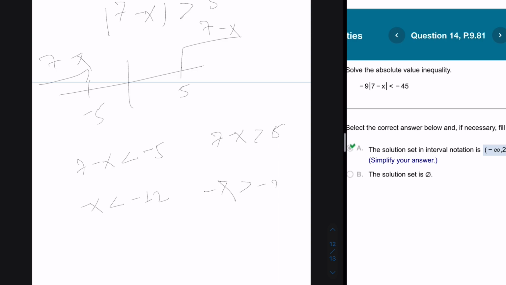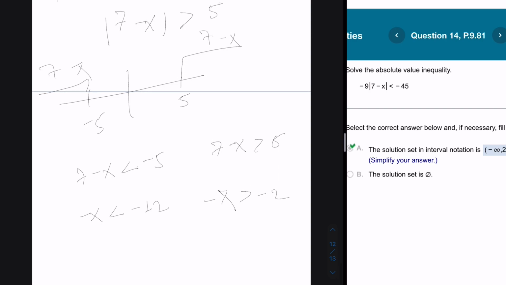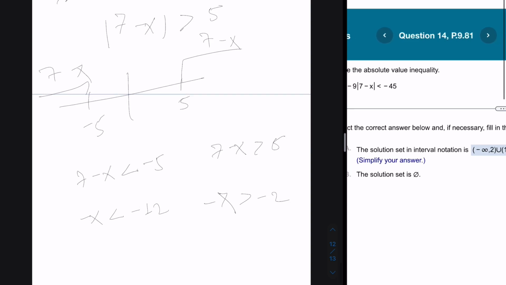Solve for the x. 5 minus 7 is minus 2. Now multiply both sides by minus, and then the inequality sign will change.